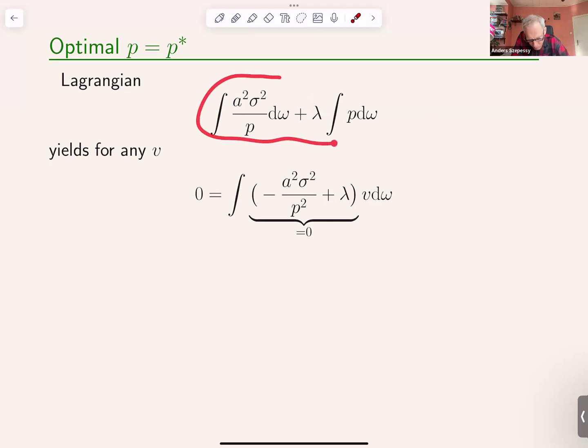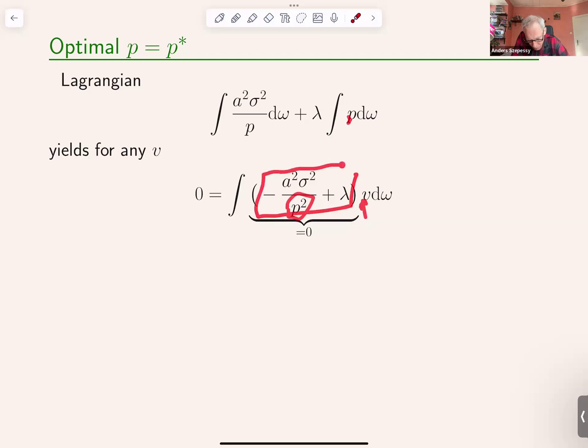If we want to optimize with respect to P, we get the variational problem here with any test function here. So you take the derivative with respect to P, you get 1 over P squared here, and the derivative with respect to P, you get 1, and then you have the test function.